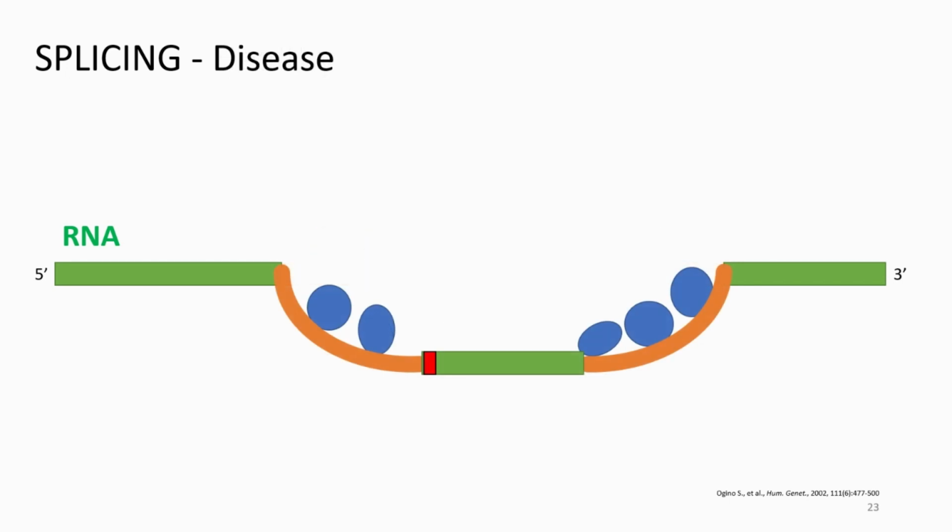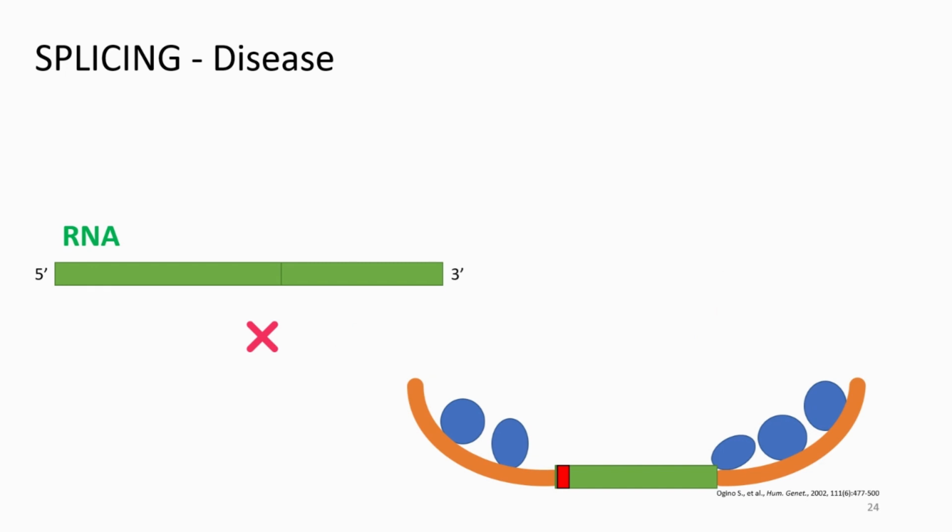So what's happening is that also a small part of the useful RNA sequence that we need for the production of the protein is cut out, forming a different RNA molecule that results in a modified protein that is not working anymore, and then causing disease.